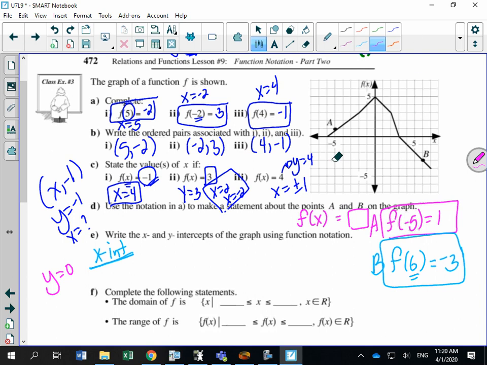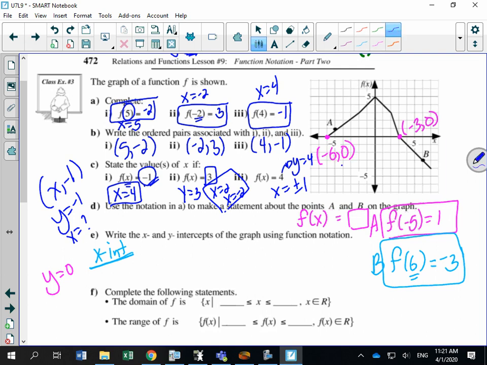So on your graph, if this is your x-axis, where does your graph cut or touch the x-axis? So here, and that point would be -3, 0. And even though it doesn't actually cut it, it touches the x-axis there, and that point is at -6, 0.